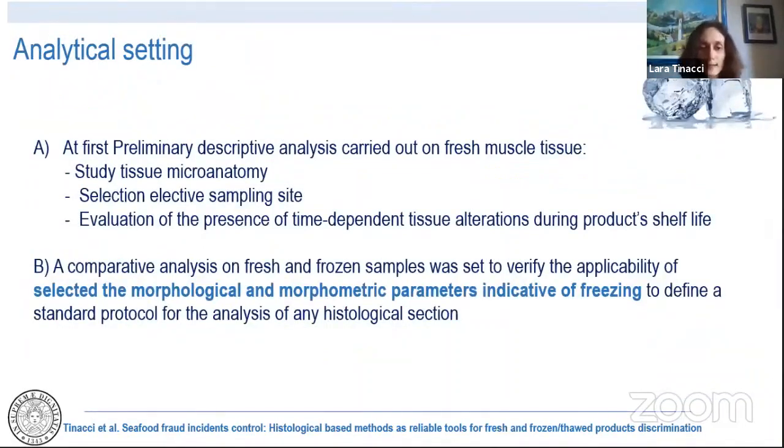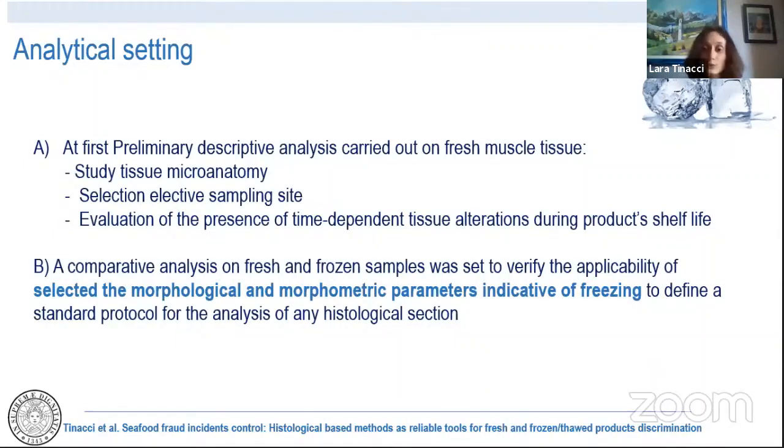About the analytical setting, you will see that we prepared the study in two steps. The first one was focused on the preliminary descriptive analysis to evaluate and study the tissue macroanatomy of that category, then select the elective sampling site to be studied, and evaluate the presence of time-dependent tissue alteration that could alter the right interpretation of the further comparative analysis on fresh and frozen samples.